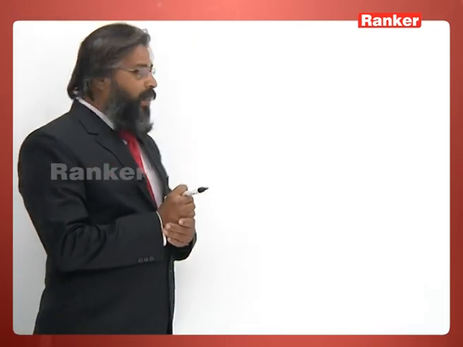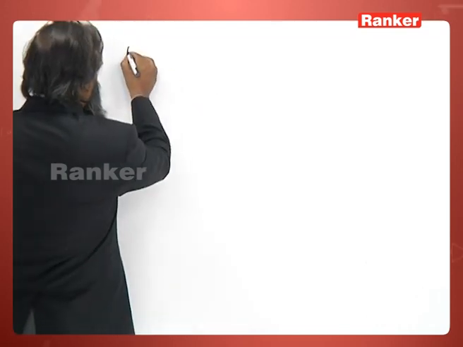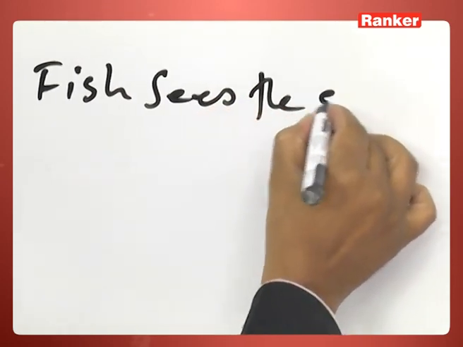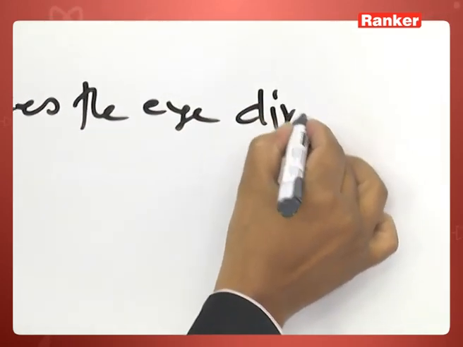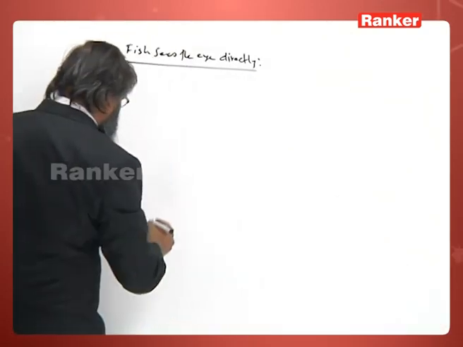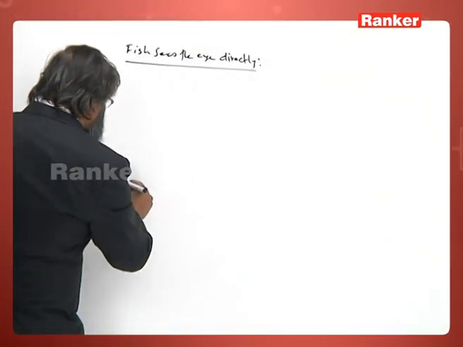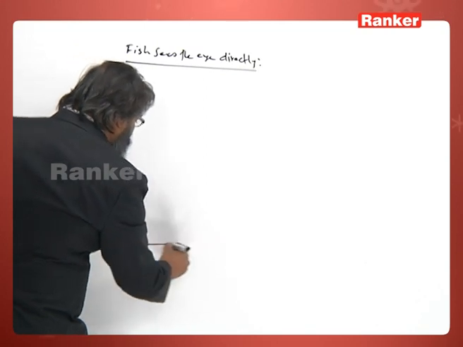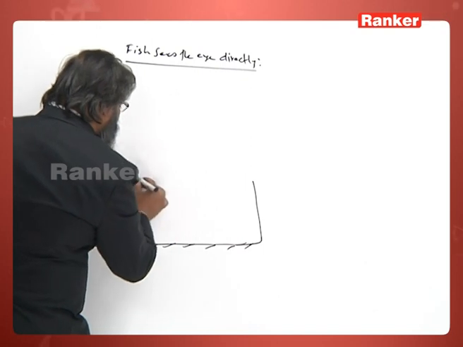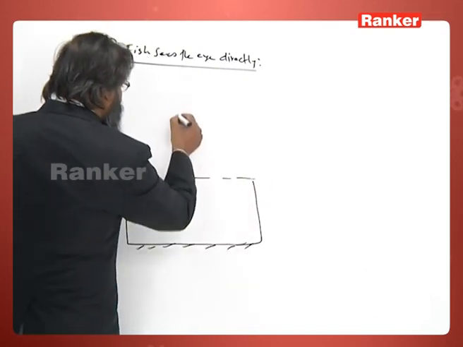Now, let us see how the fish will see the eye. First, the case where the fish sees the eye directly. So, this is my pot with this plane mirror and this distance is h.